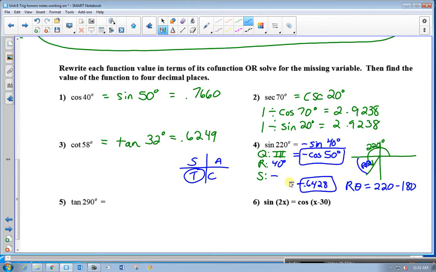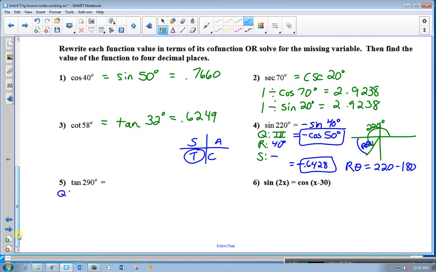Okay, great. Tan of 290. Can you tell me what quadrant? 4. Okay. What is our reference angle? So we want to find that reference angle.